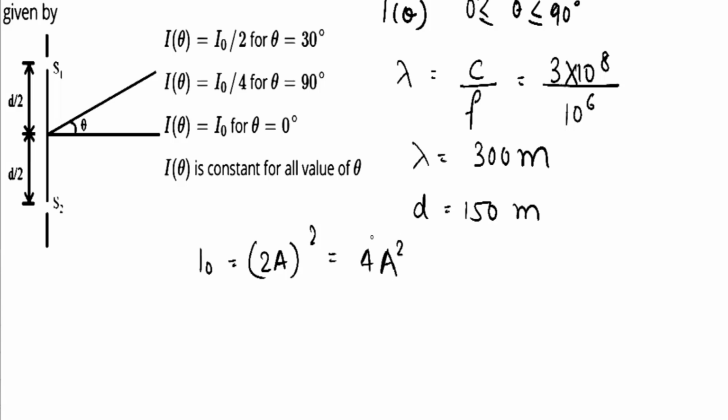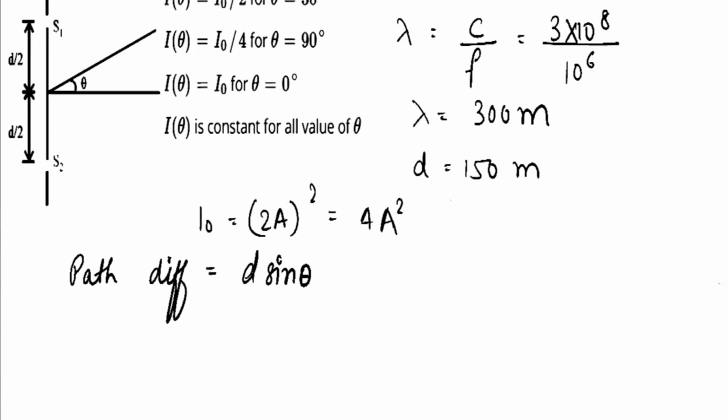That would be the intensity, amplitude square, 4 times amplitude square. And the path difference equals d sine theta. So when theta is 45 degrees, we are given different situations, right? So what we can say is what are the intensities.